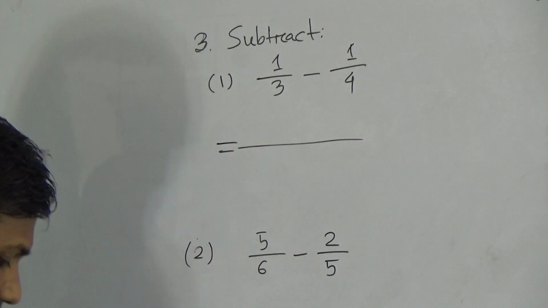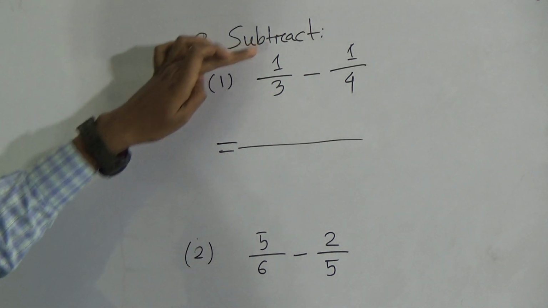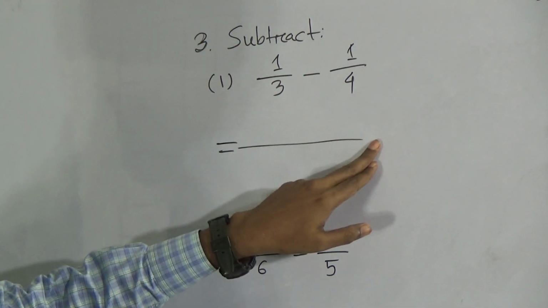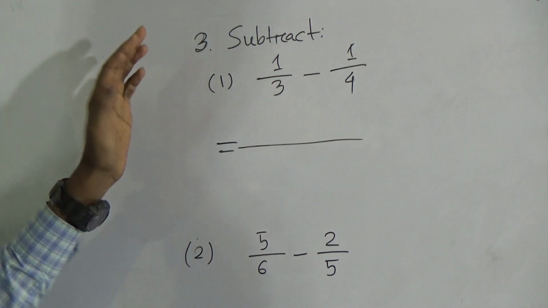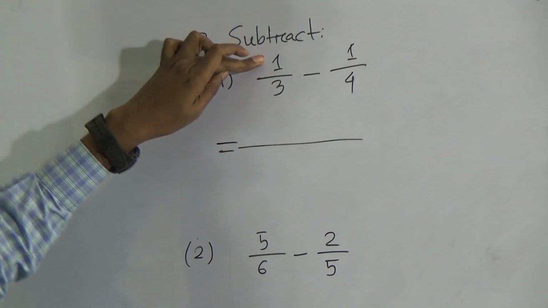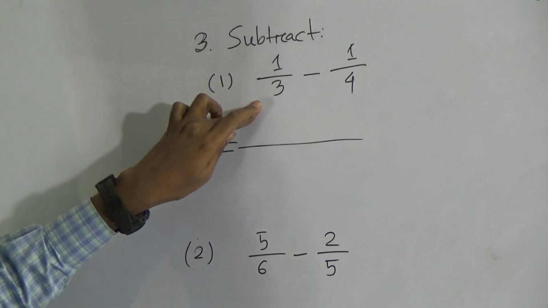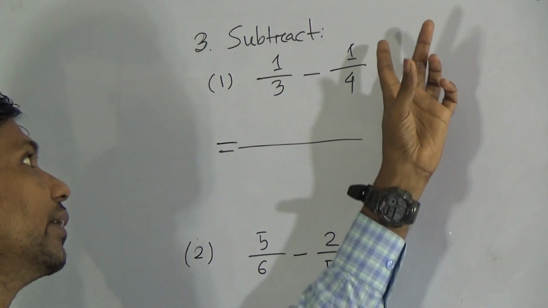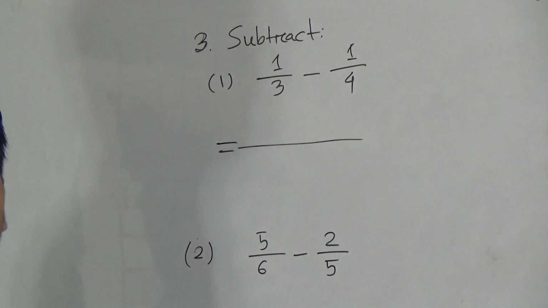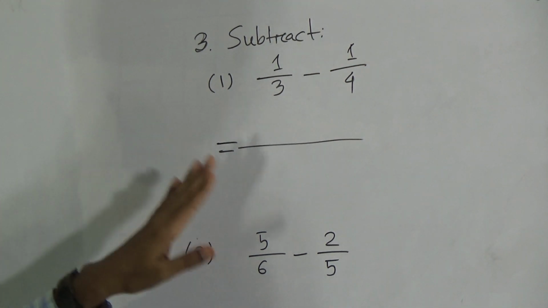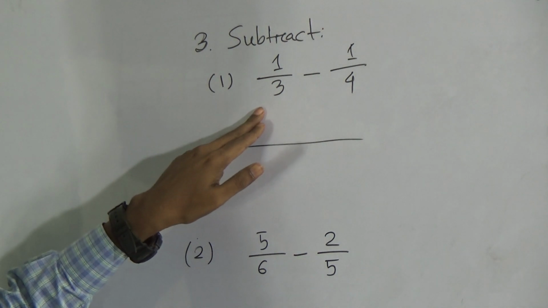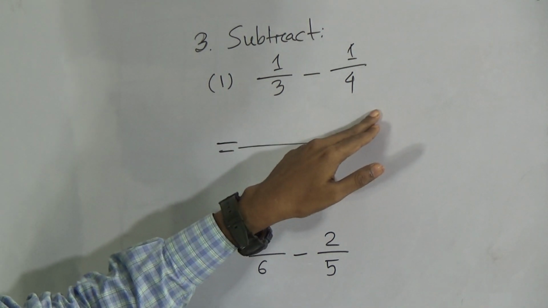Look, you see 1 by 3 minus 1 by 4. In the first class I told you, 1 is the numerator and 3 is the denominator. Similarly, 1 is the numerator and 4 is the denominator. The second step is to find the LCM of 3 and 4.